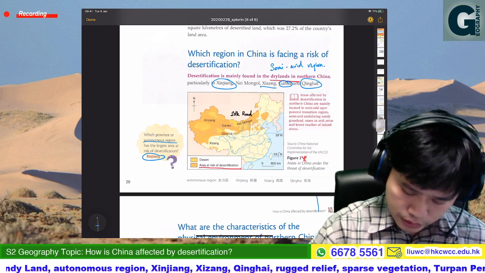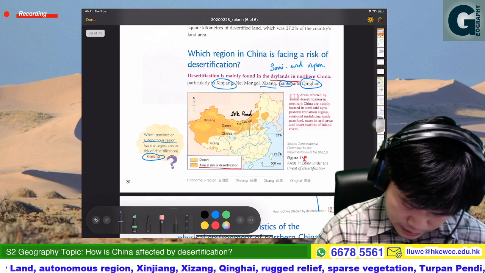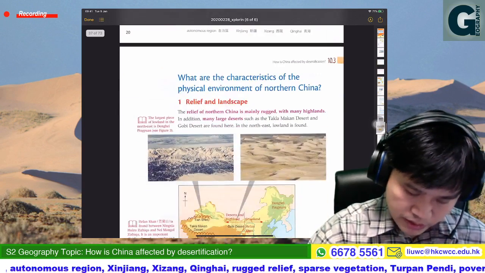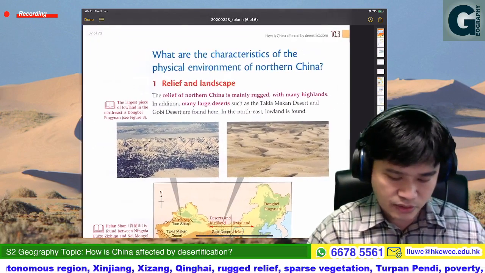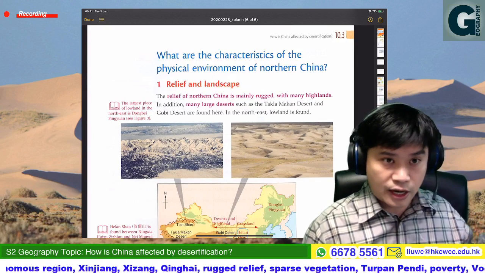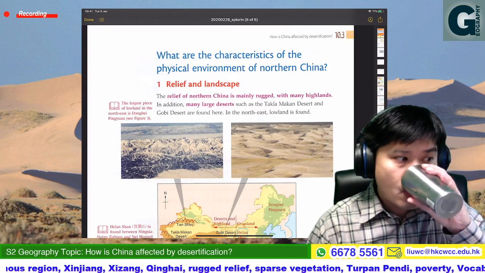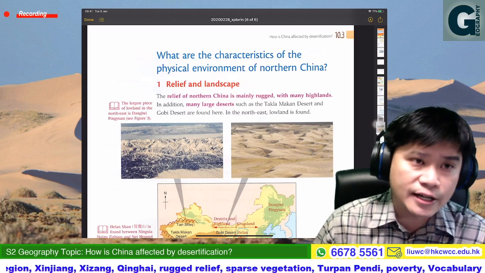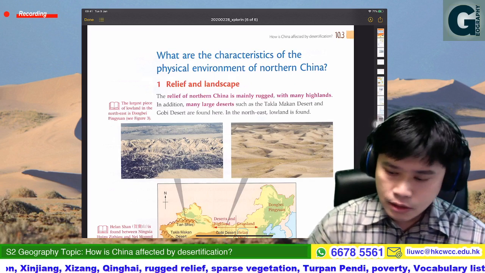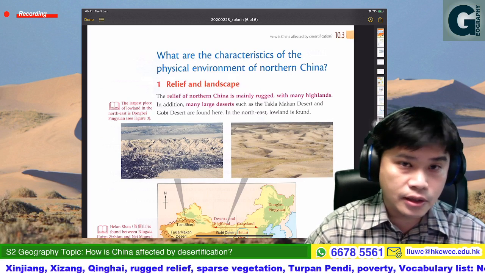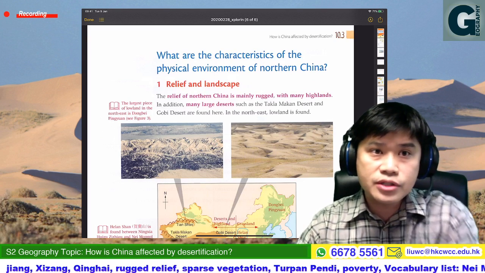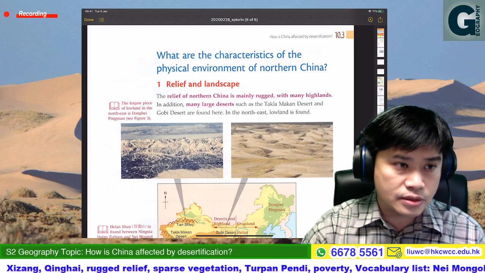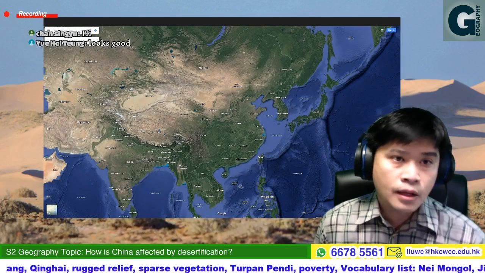So let's see, what are the characteristics of the physical environment of northern China? You may have a look at the satellite image like this.